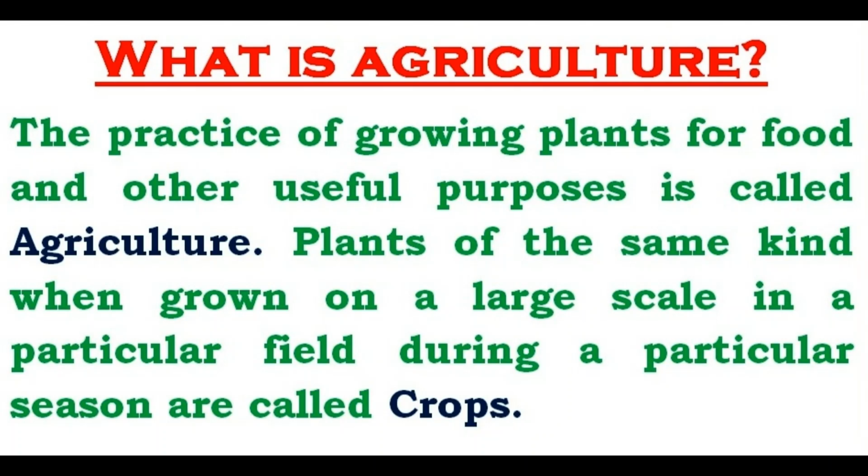What is agriculture? The practice of growing plants for food and other useful purposes is called agriculture. And what is a crop? It is also a common word you have heard.